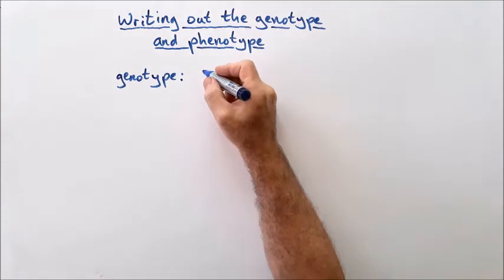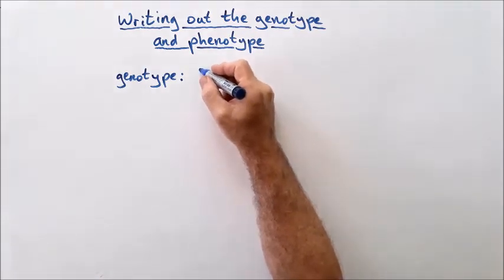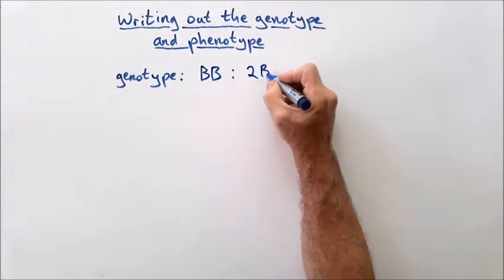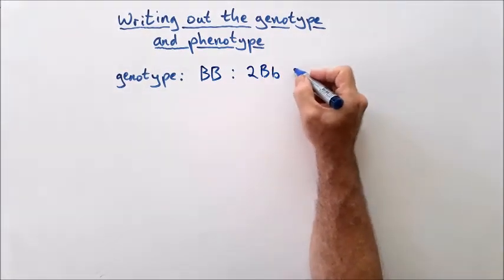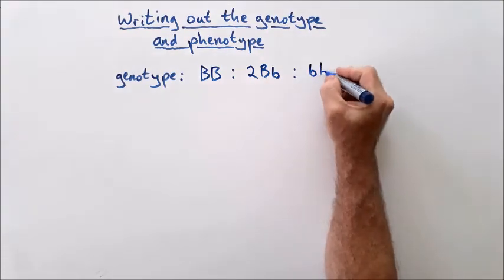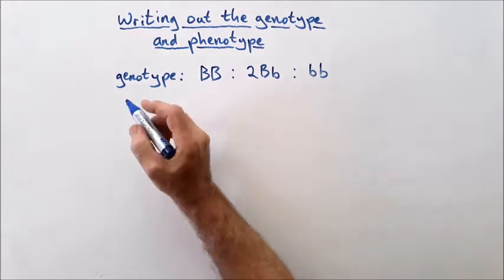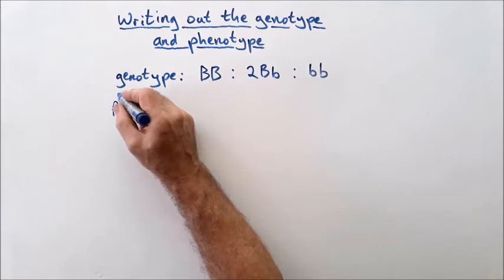For this example, I'm going to use the letter B. So let's say the genotype was 1 big B big B to 2 big B small b to 1 small b small b. So that would be a typical genotypic expression of the F2 generation if the F1 generation, which were both heterozygous, were inbred. So then the phenotype.